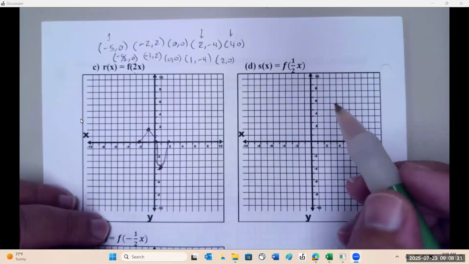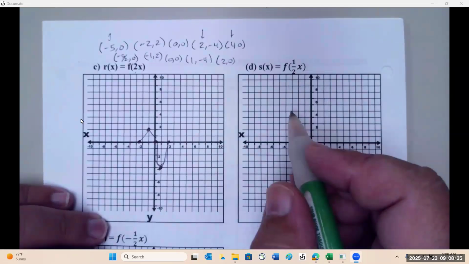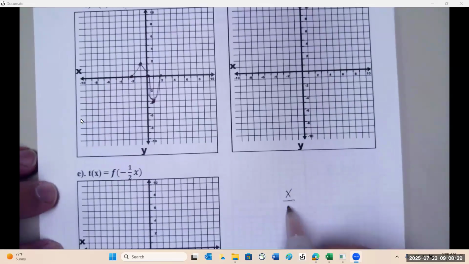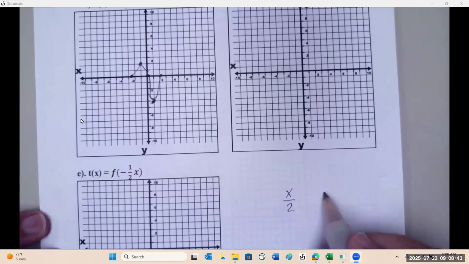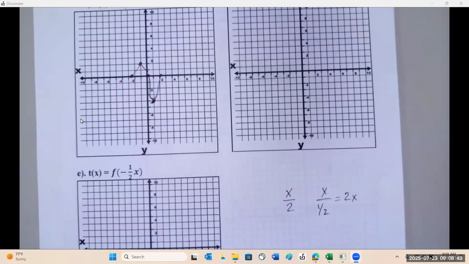You multiply by the reciprocal. Why is that? Because here you're dividing by the X coefficient, but if I have a fraction here, it becomes a multiplication.